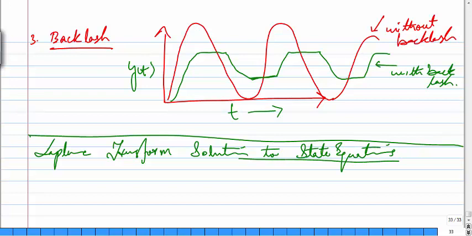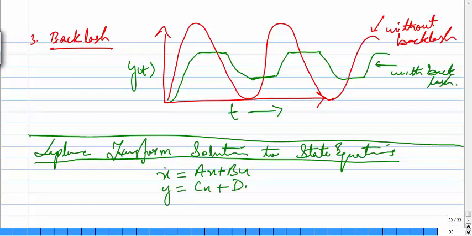So if you remember, state space representation is written as x dot equals Ax plus Bu, y is equal to Cx plus Du. This is our state space equation.